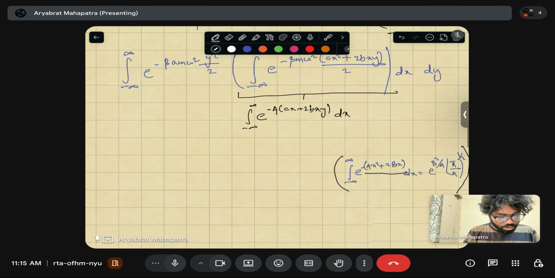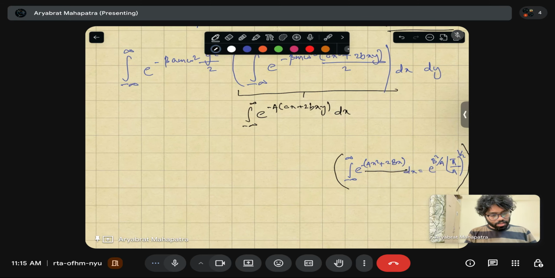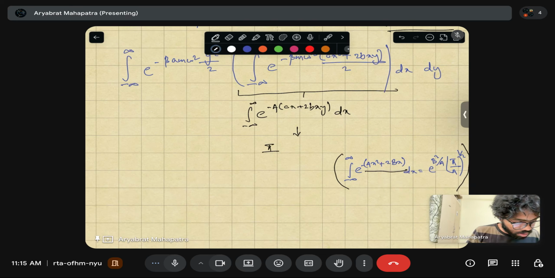So this will give you pi over a, and then exponential of b square y square over a. Just using this form, you will get.